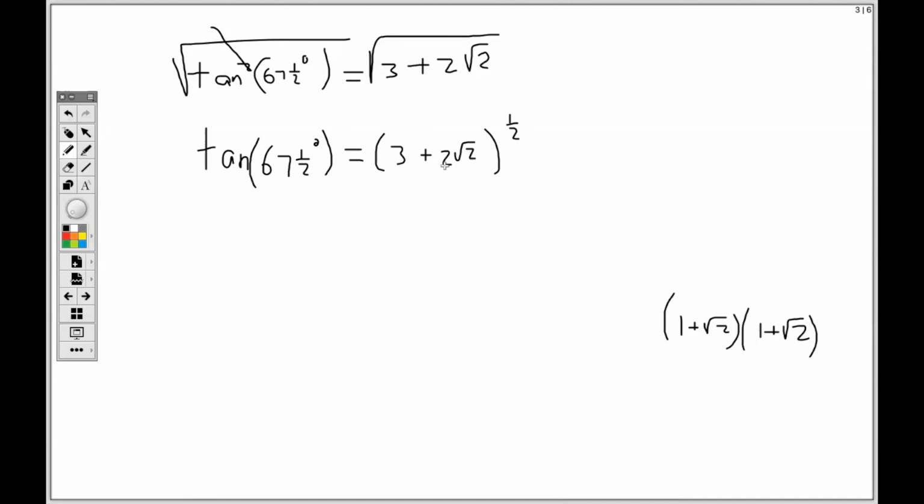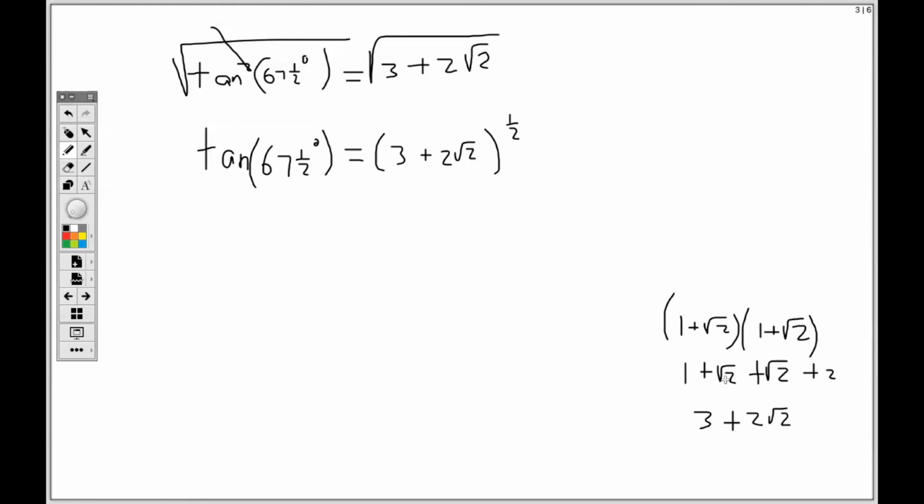Now 3 plus 2 root 2 is actually 1 plus root 2 times 1 plus root 2. We can test to see if it's true, because 1 times 1 will be 1, and 1 times root 2 will be root 2, and root 2 times 1 is root 2, and root 2 times root 2 is the same thing as 2, and then we'd have 1 plus 2, that is 3 plus 2 root 2.